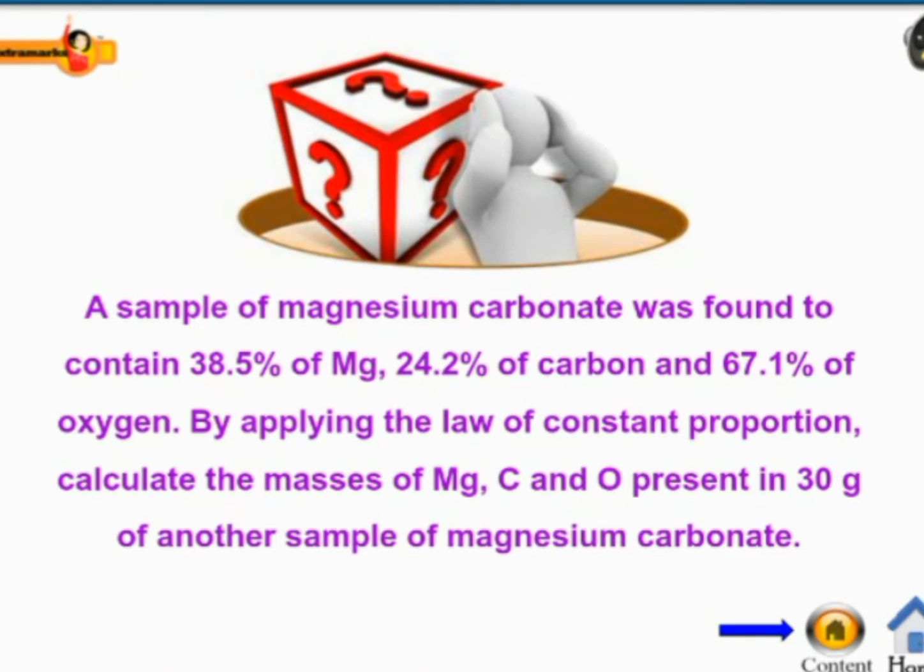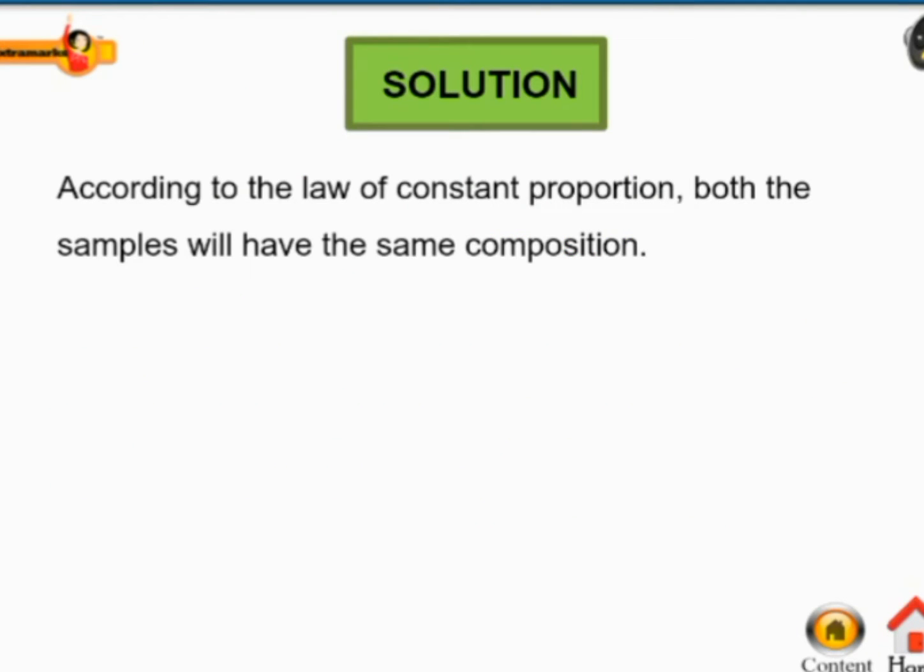Let us solve a numerical. A sample of magnesium carbonate was found to contain 38.5% of magnesium, 24.2% of carbon and 67.1% of oxygen. According to the law of constant proportion, both the samples will have the same composition.